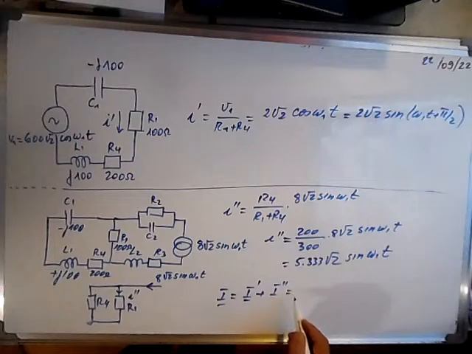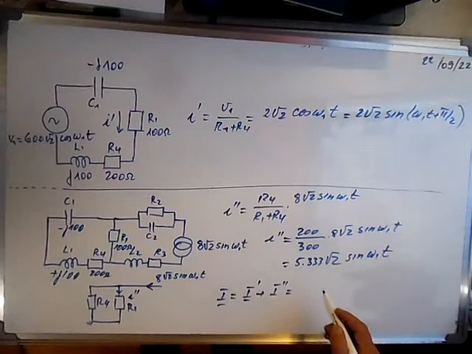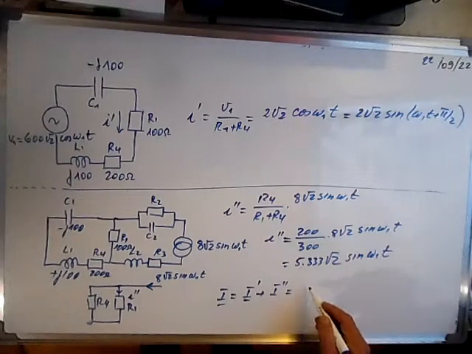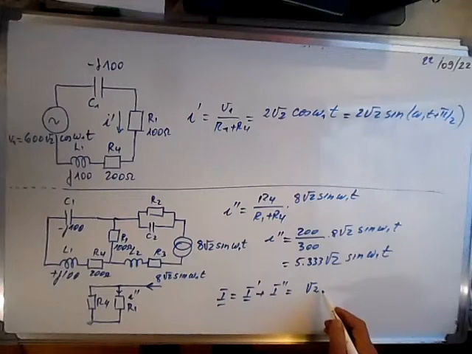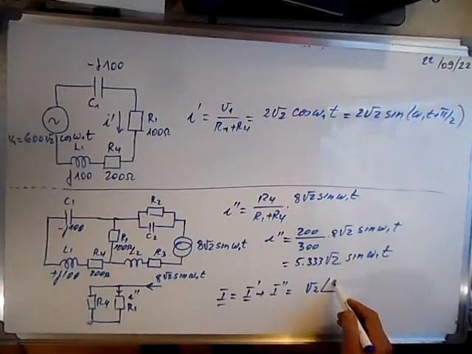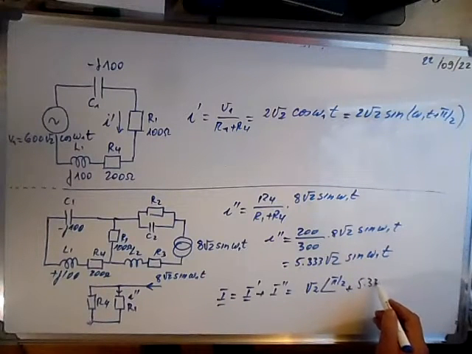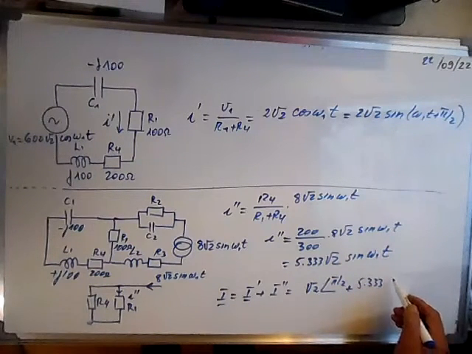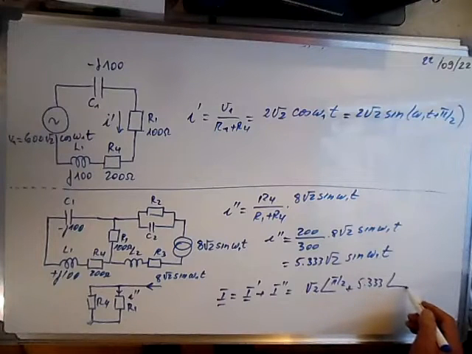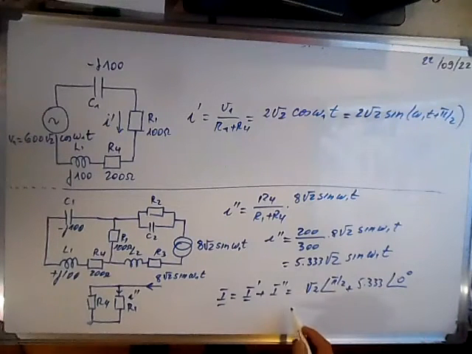So we have here 2 at pi over 2 plus 5.333 at zero degrees.